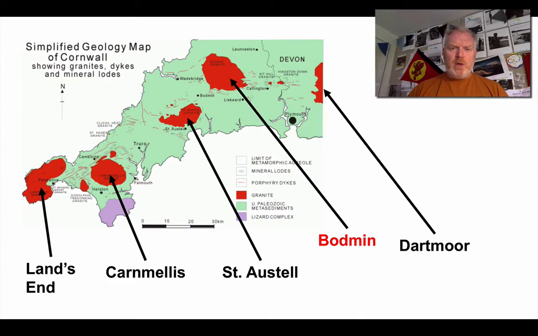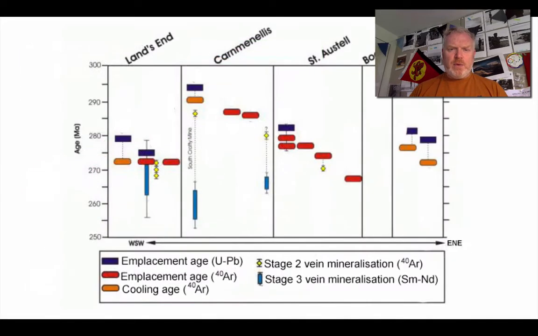Having got our geography sorted, we now need to think more about the geology. This is some data. You've got a black and white version of this, but these are some of the dates for this igneous activity in this area.